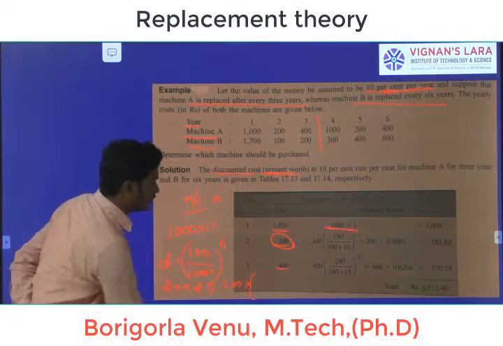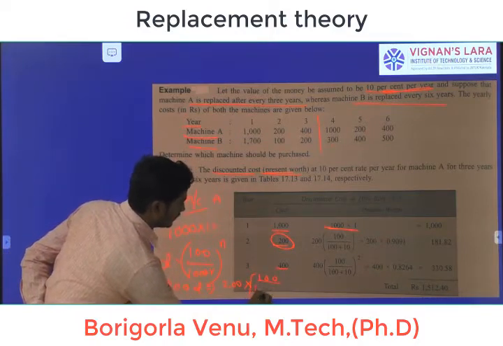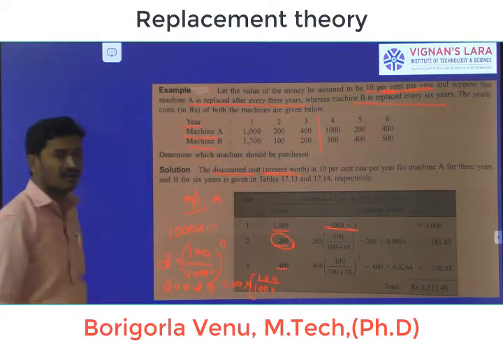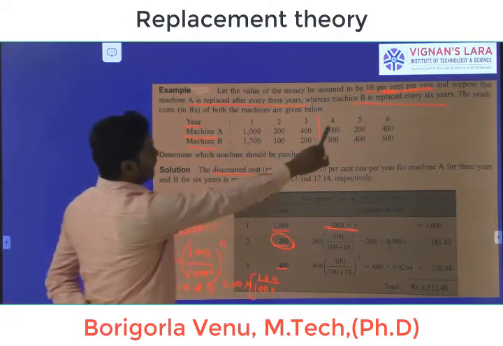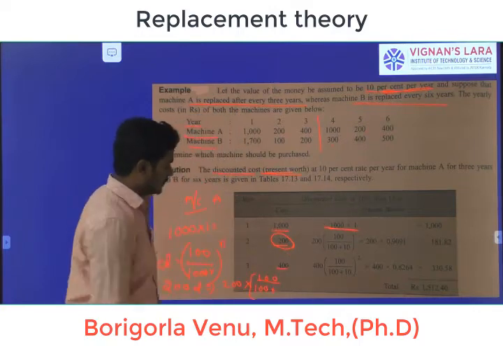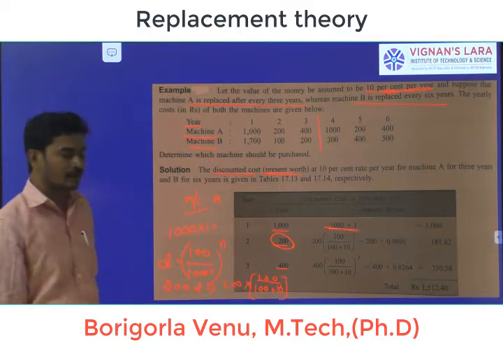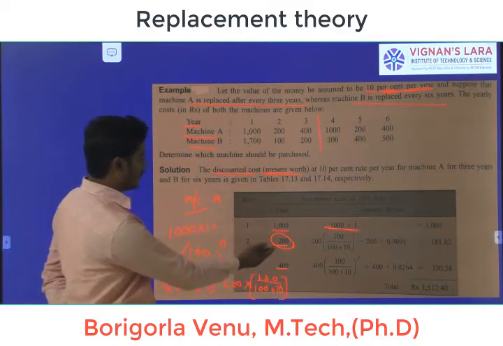What is the D value? D is the formula we have: 100 by 100 plus R. What is the R value? R is the percentage per year. 10% is given, so the discount rate is 10, raised to the power of the number of years.